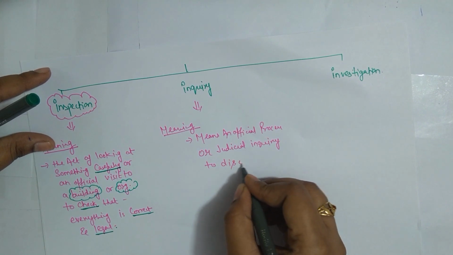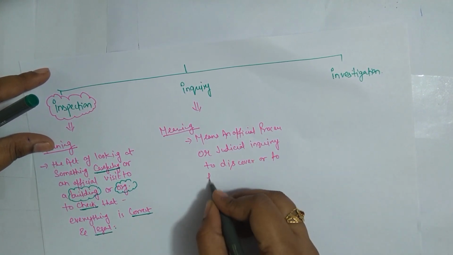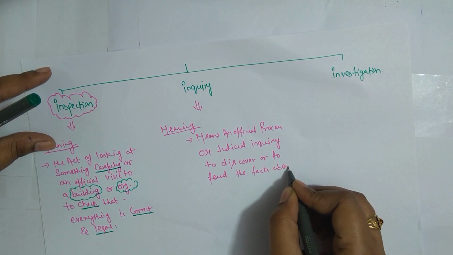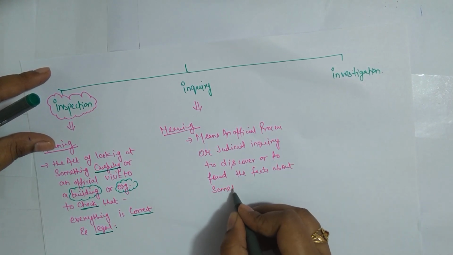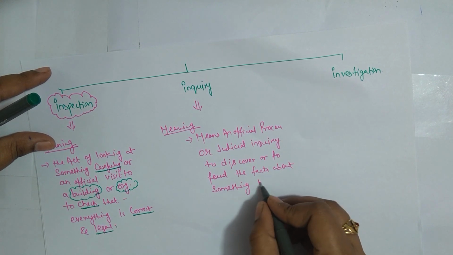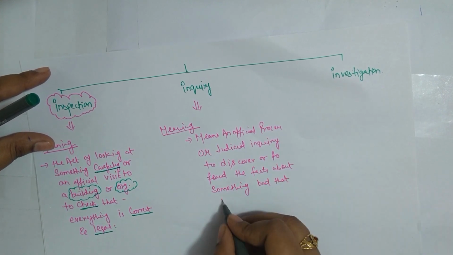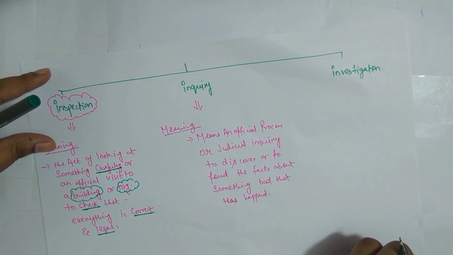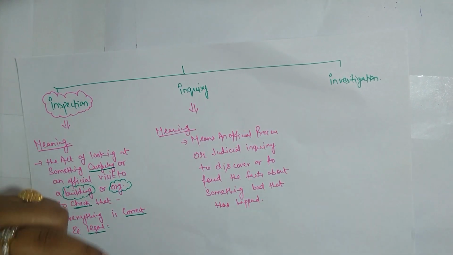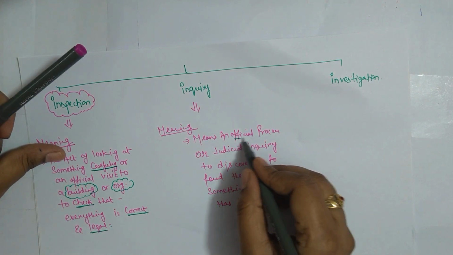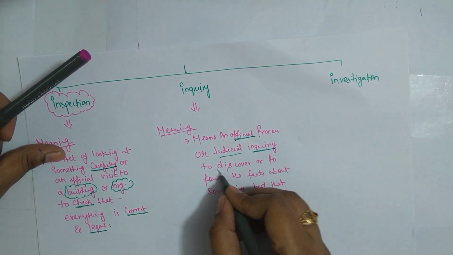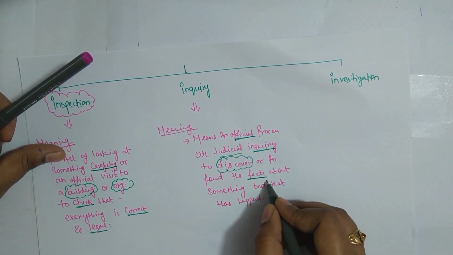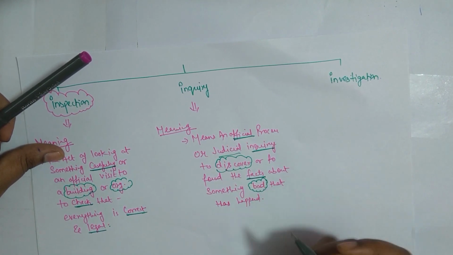Judicial inquiry is to discover or to find the facts about something bad that has already happened in the respective organization, and you are going there to inquire for an official or judicial inquiry, to discover or find out the relevant fact which gives you the answer that something bad happened here.